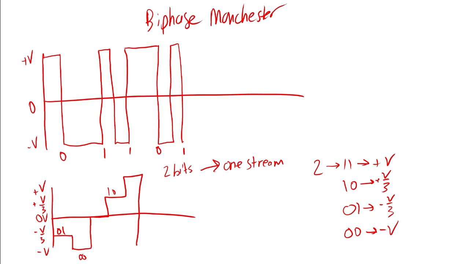Should never have drawn this. This should go straight through. So 1, 0, and then 1, 1. So now our stream is 0, 1, 0, 0, 1, 0, 1, 0, 1, 1. This is also known as 4-state.